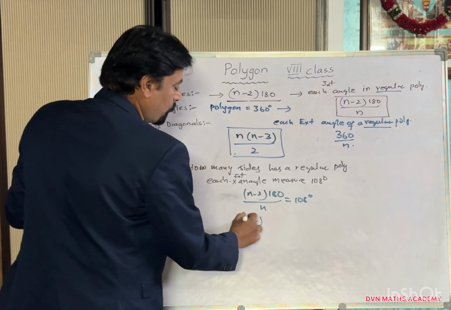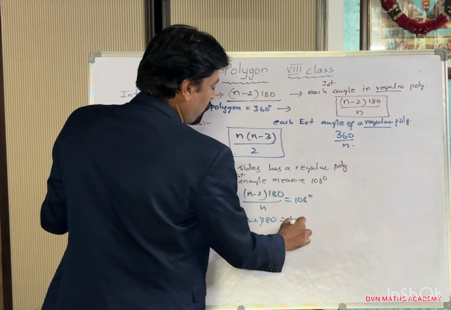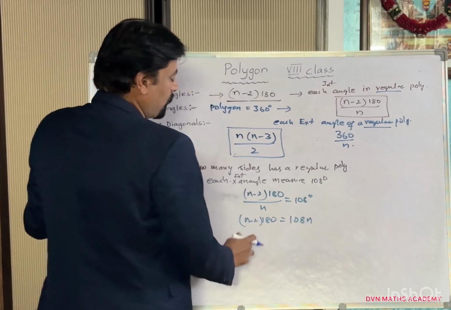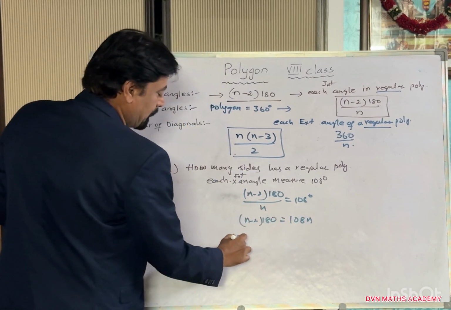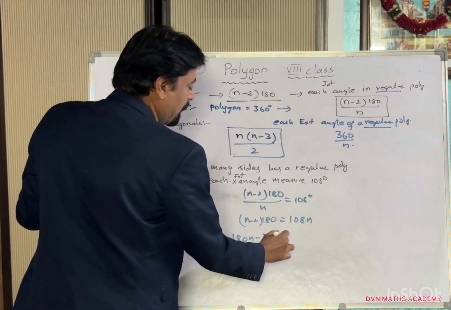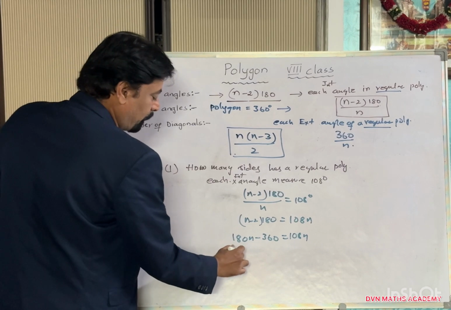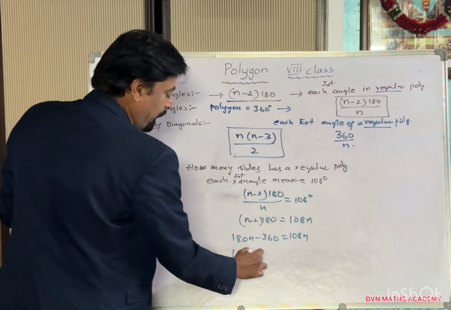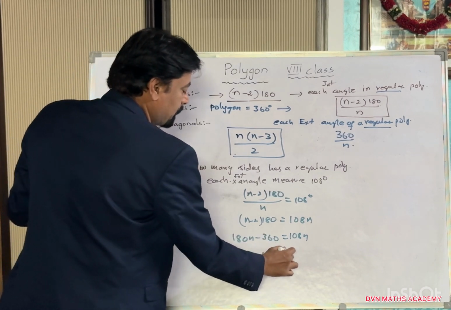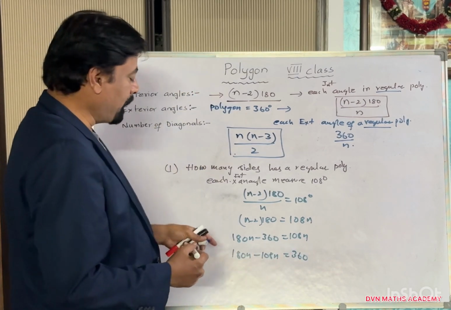Now n minus 2 into 180 is equal to, if you go for cross multiplication, 108n. So now n into 180 is 180n, minus 2 into 180 is 360, equal to 108n. Now if you bring this one, 180n minus 108n is equal to 360. Here you require some algebraic concepts.